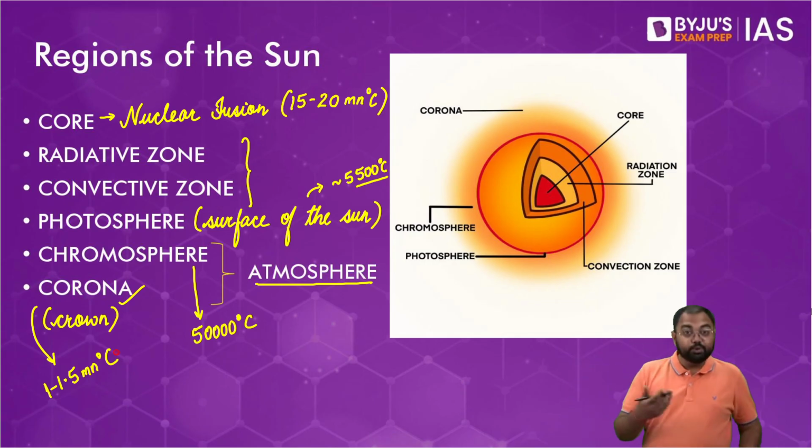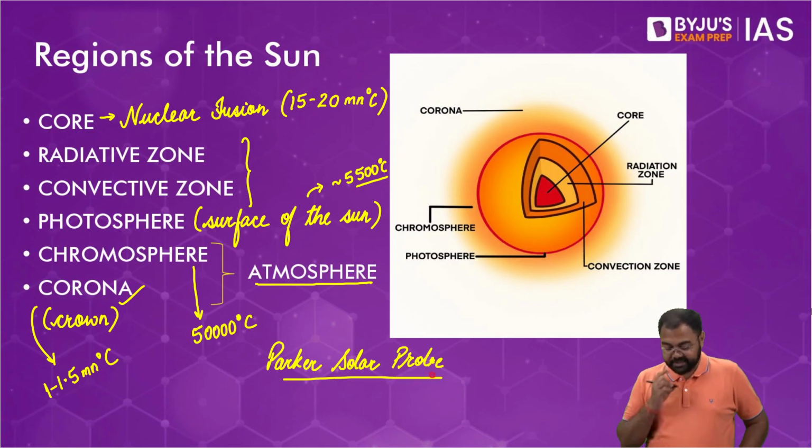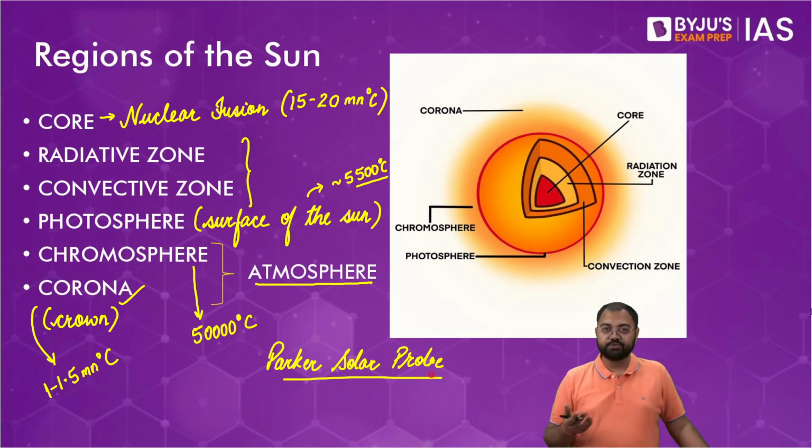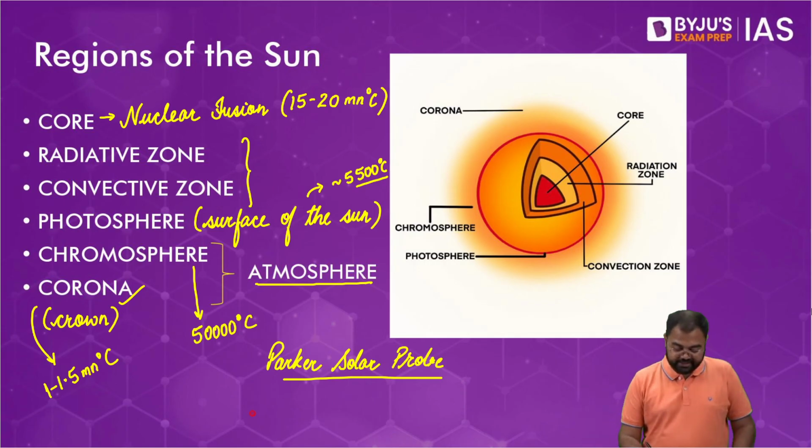There are probes that have been sent. For example, there is this Parker Solar Probe that was sent a few years back. The primary objective of the Parker Solar Probe is to understand the atmosphere and why this anomaly occurs. Similarly, very recently, we launched our own mission, Aditya L1.